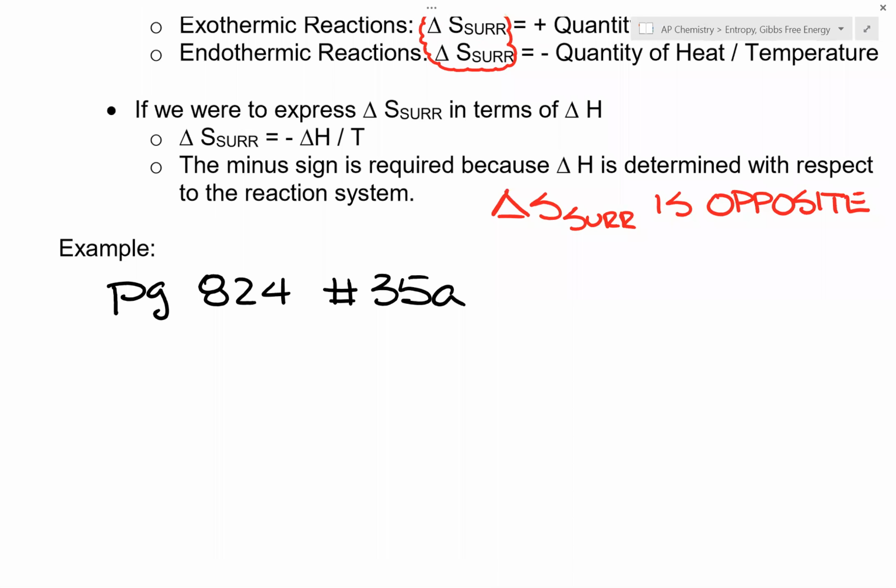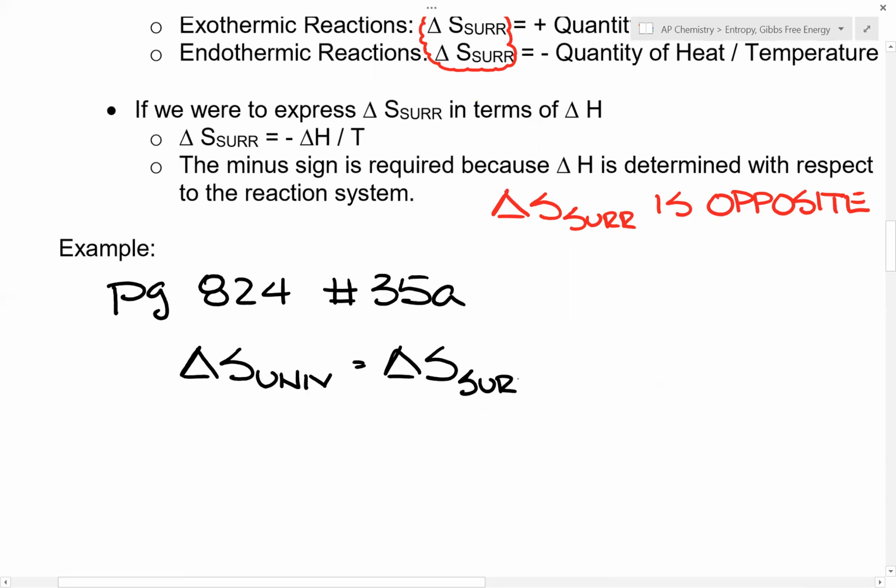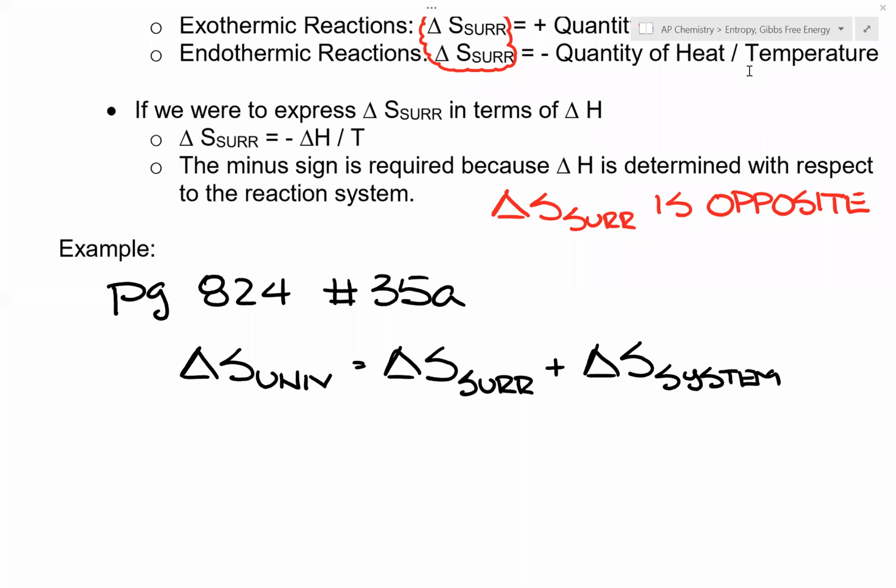So what we have here is we're looking at the delta S of the universe is equal to delta S of the surroundings plus the delta S of the system. Okay. Sorry, I was just interrupted for a second.